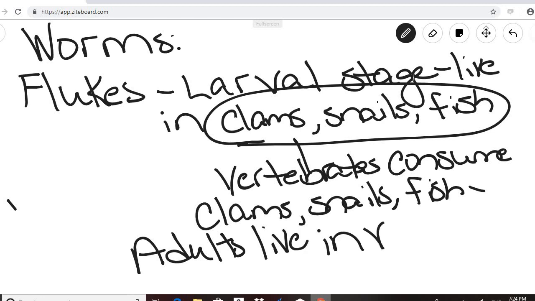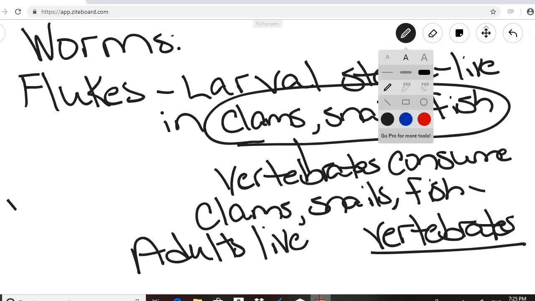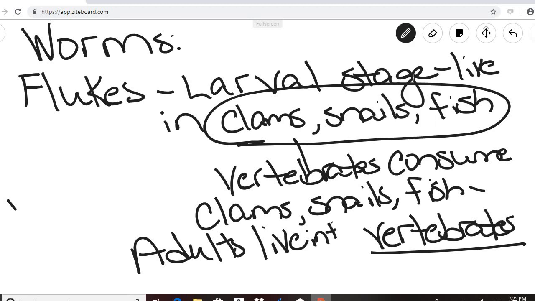So that can mean that humans can have some flukes, but also things like whales or larger fish. The flukes will live in them because they are vertebrates. I don't mean to say invertebrates. I say they live in the vertebrates.